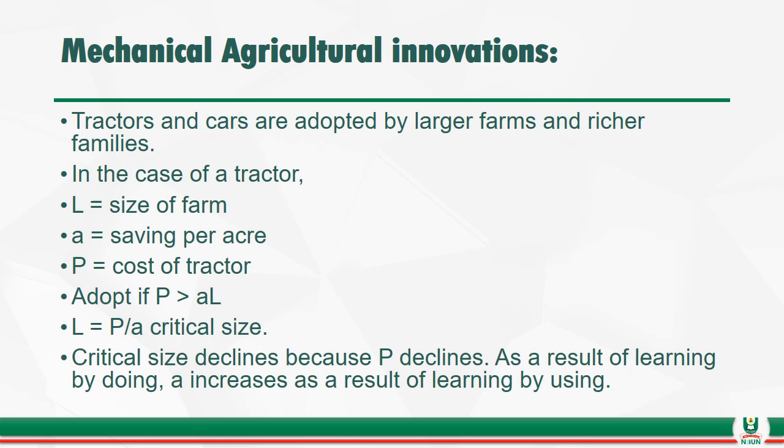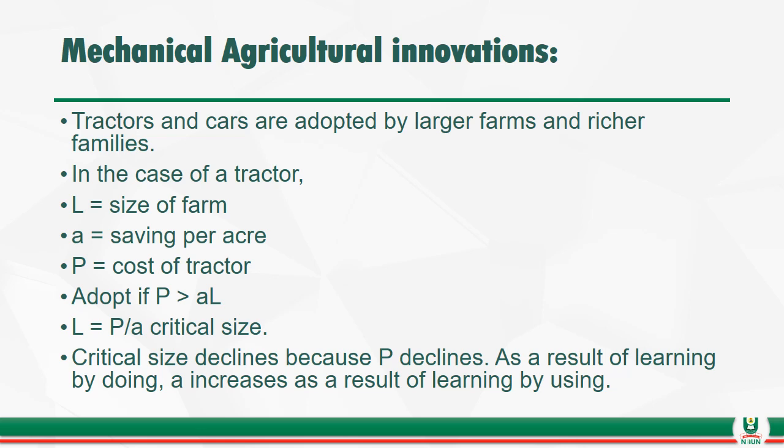Mechanical agricultural innovations. Yes, at this point we're looking at tractor adoption for our farms. Yes, we can see that we have a formula there where L stands for size of farm, A stands for saving per acre, and of course P represents cost of tractor.